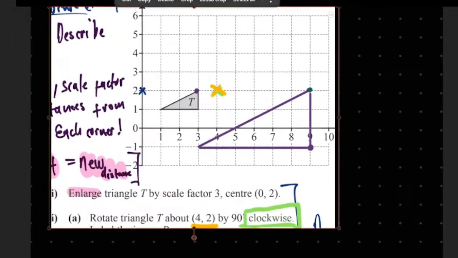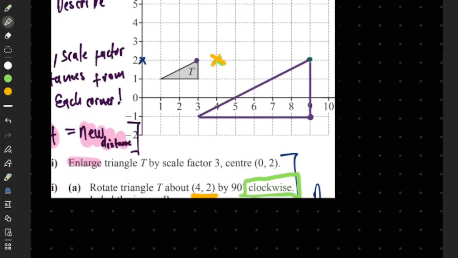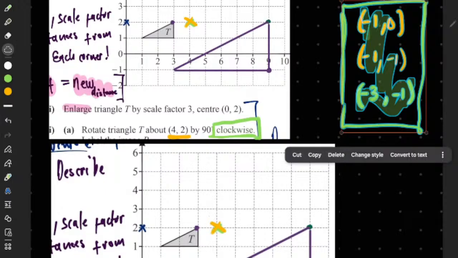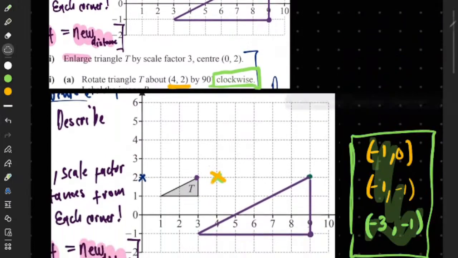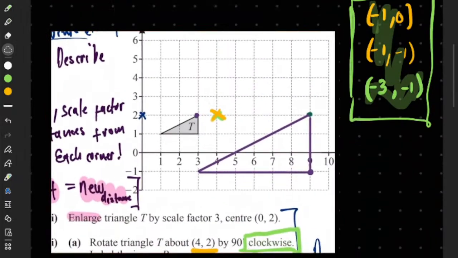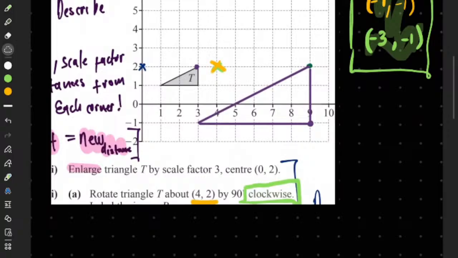This grid, because they said, let's bring the points, okay? I'm trying to make it look the same way it's going to look on your paper, okay? Right. Because they said clockwise, you flip the paper anti.